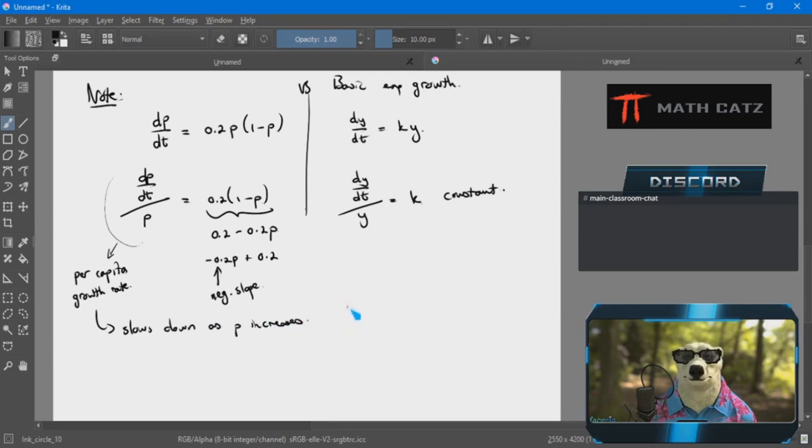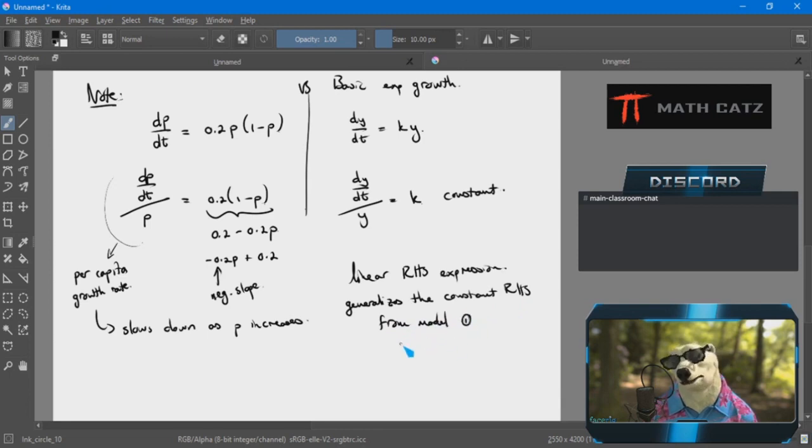So it's a little bit more general. My linear right-hand side expression, if you will, generalizes the constant right-hand side from model 1.